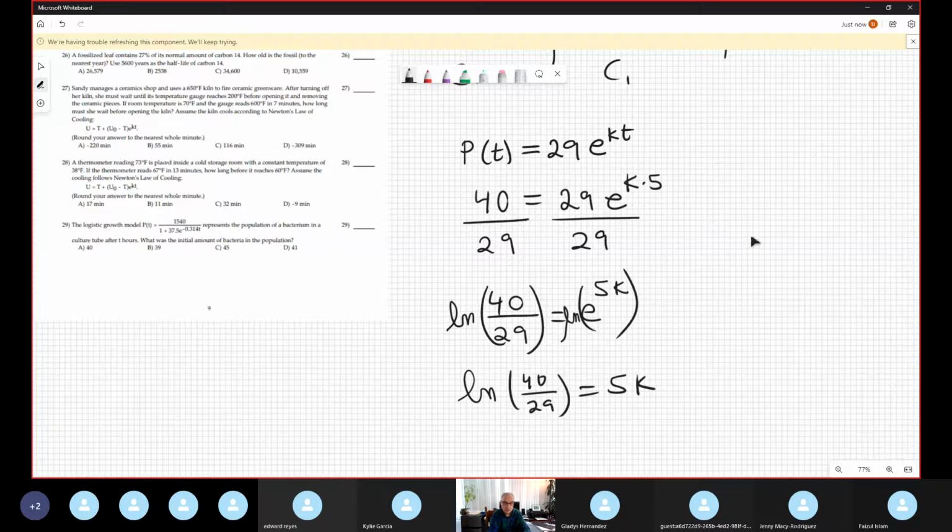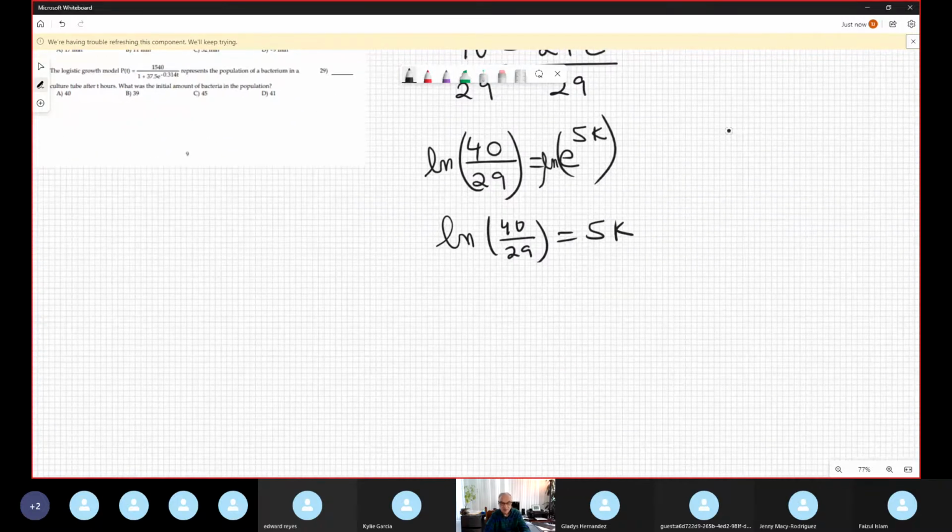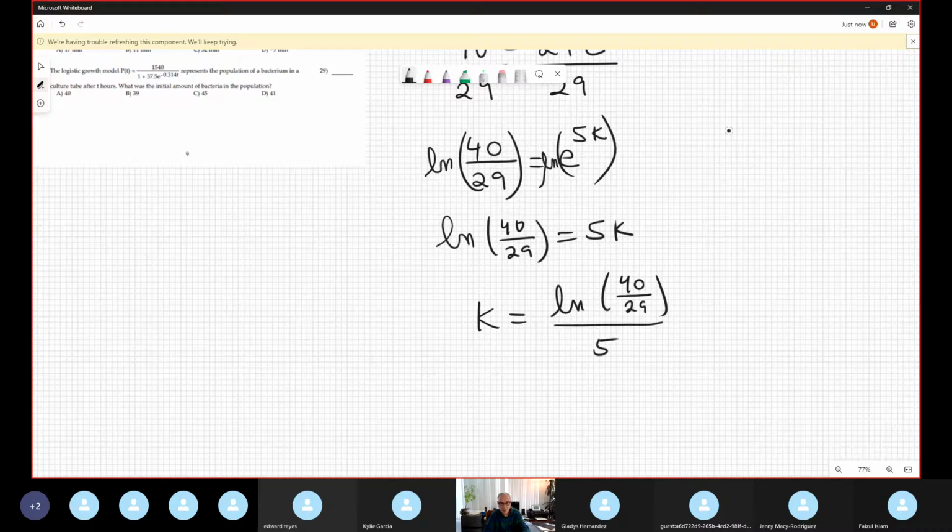Now K alone, isolated, is the natural logarithm of 40 over 29, divided by 5. And that's it. Put it in the calculator and end of story.